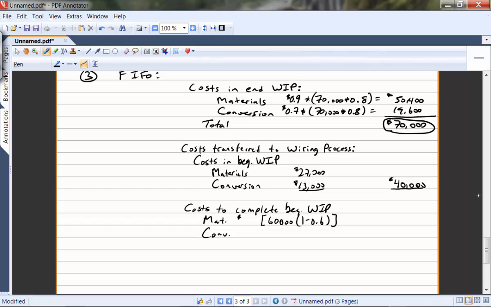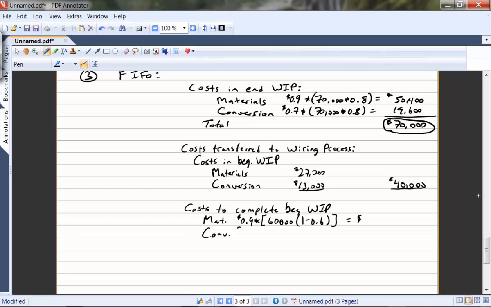Each of these equivalent units cost us 90 cents per equivalent unit, using our FIFO cost per equivalent unit figure that we calculated in part 2. And so the cost to complete the beginning WIP inventory for materials under FIFO is this number here.